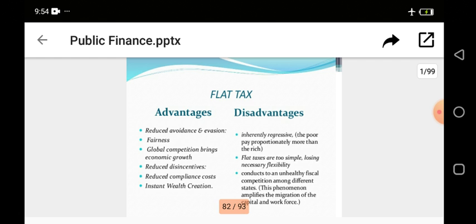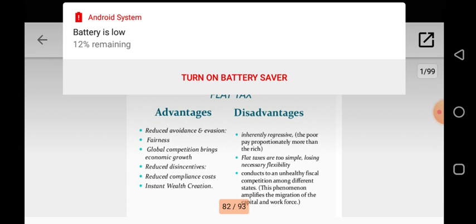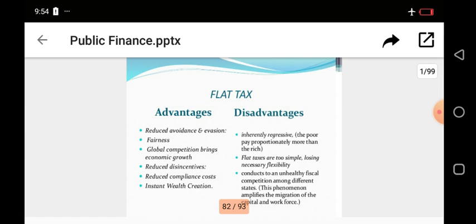But some of the disadvantages are that the poor indirectly are at the receiving end as well. Because it's in percentage, the poor pay more than the rich. Apart from that, this tax system is simple because it is flat in nature.